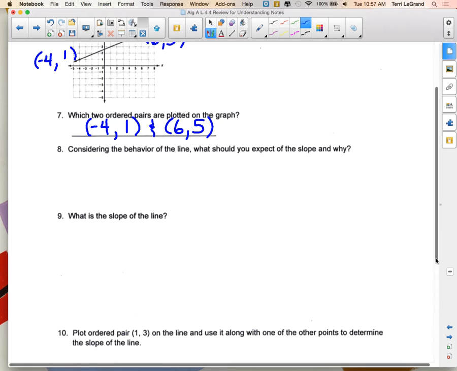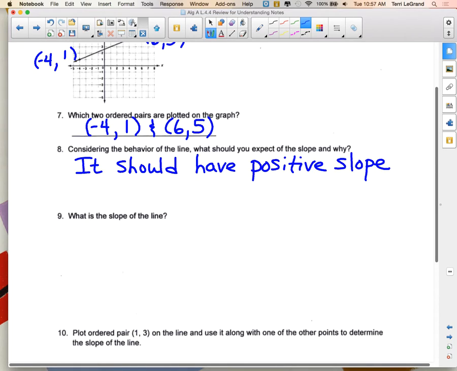Okay, what does going positive mean? There we go. Yeah, let's talk about that positive behavior. So we are going to say it should have positive slope. This is the thought process I want you guys to have when you get to see a graph. It should have positive slope because, don't say it's positive. I don't know what a positive line is.